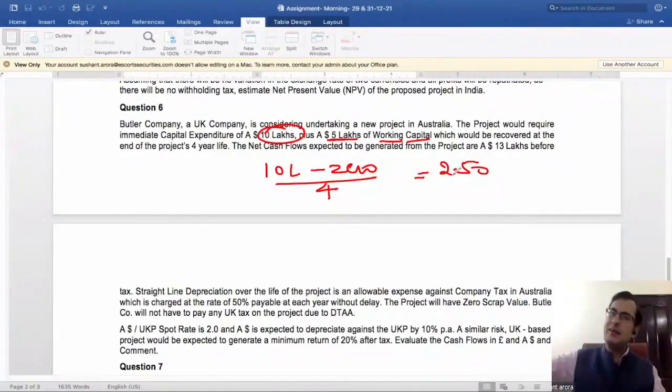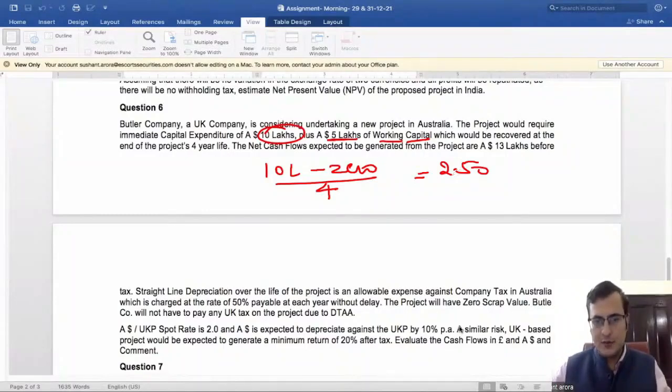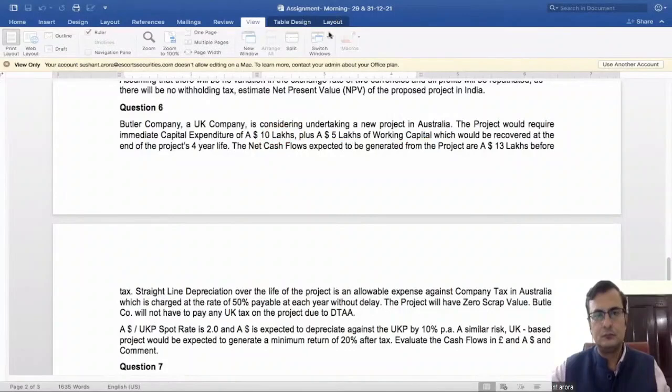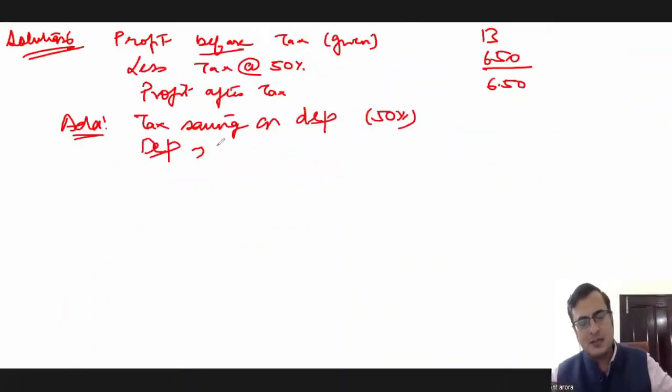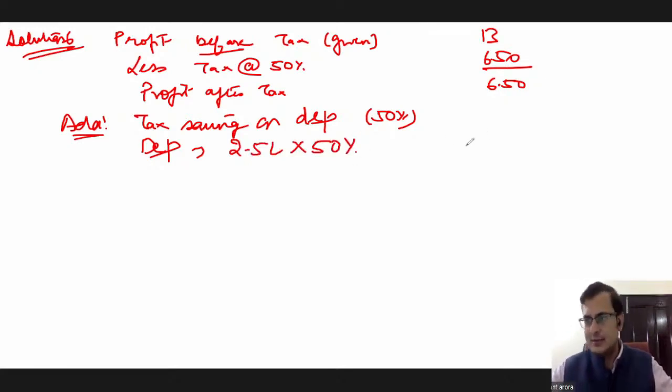Since we deduct the depreciation after contribution and all those things to get the PBT, here we are putting it over here. Can we do that? 2.5, and taking the tax impact over here. So depreciation will be your 2.5 lakhs into 50%. You will take this as 1.25, right?